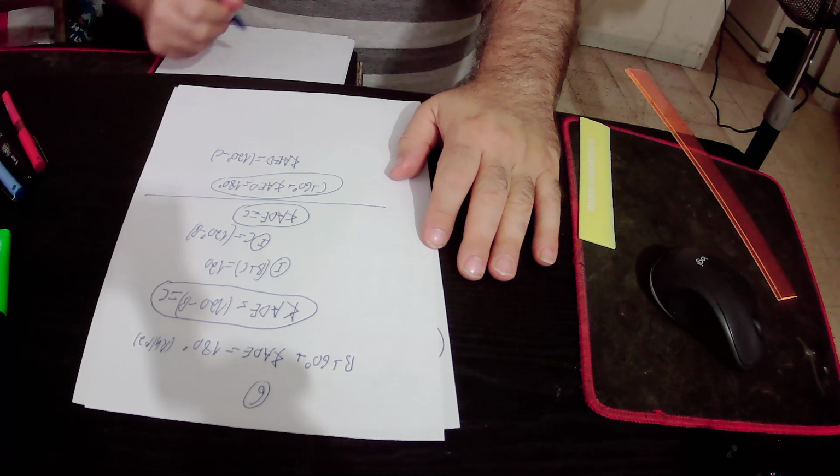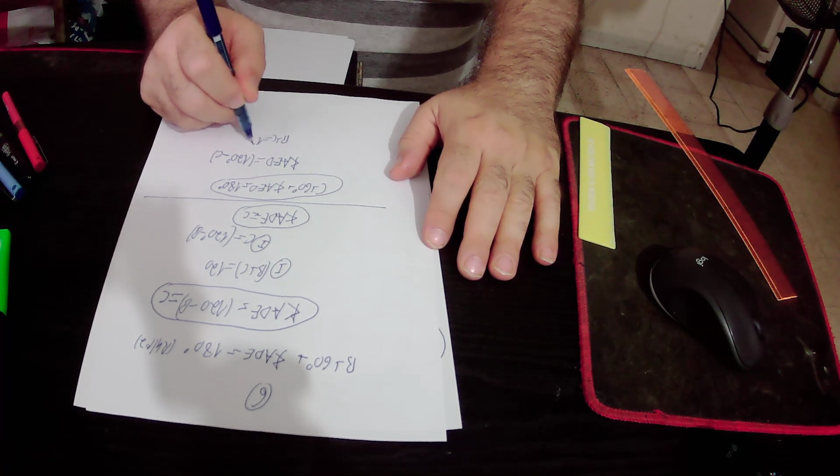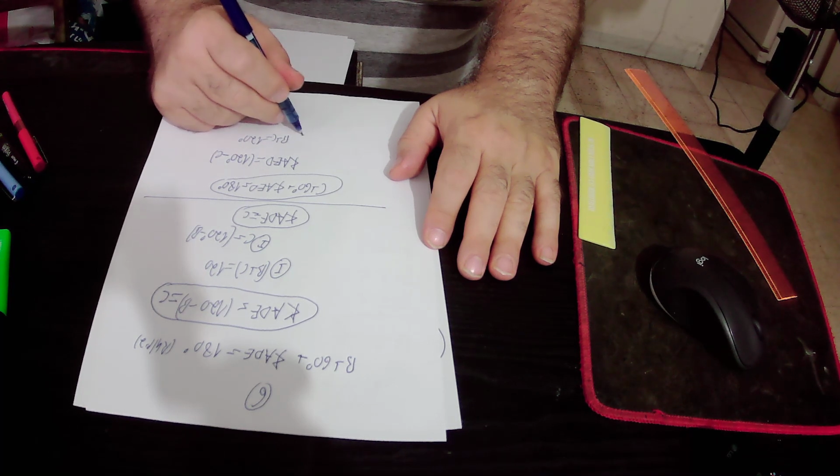Okay, we already found out that B plus C equals 120 degrees according to equation number 1.